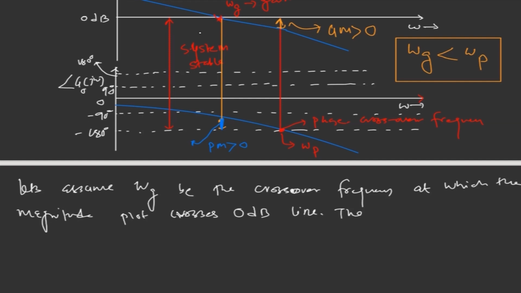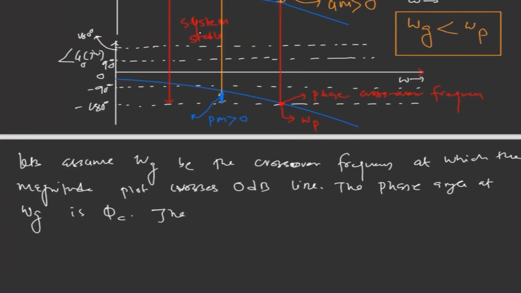The phase angle at omega g is phi c. Let's assume the phase margin can be calculated as equal to 180 degree plus phi c.